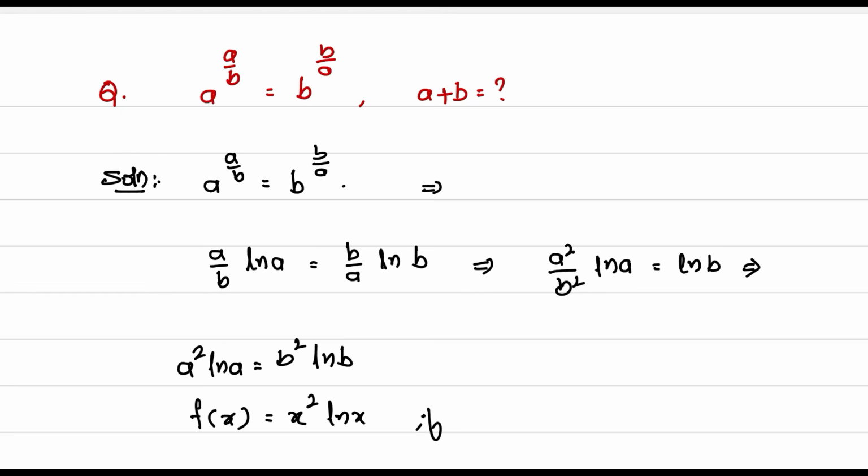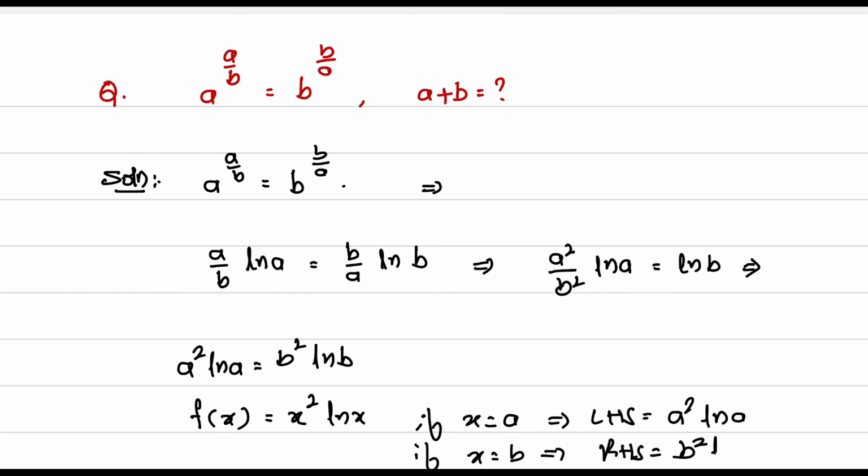If x is equal to a, it implies left hand side is equal to a square ln a. If x is equal to b, it implies right hand side is equal to b square ln b.